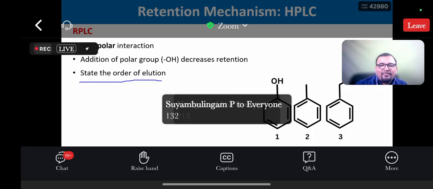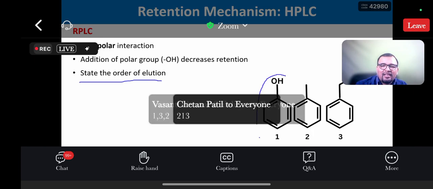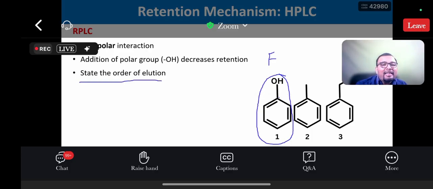So I think this should come first according to me. Number one, this should come first. Yes or no? Because it has no alkyl chain plus there is a hydroxyl group. Then this should come. Then this is middle. And this should come late, at the end.